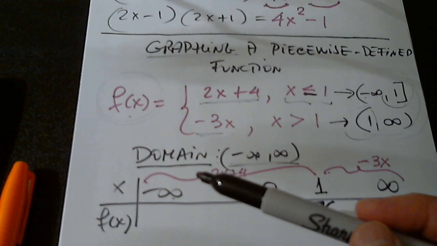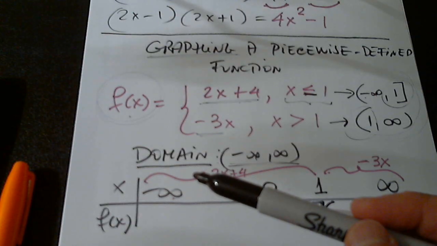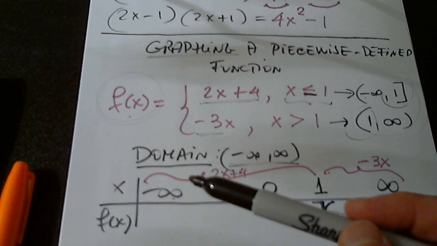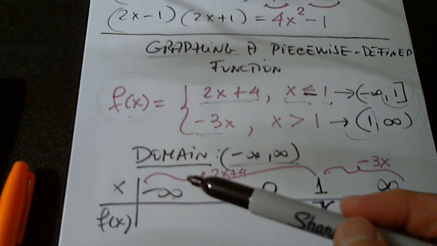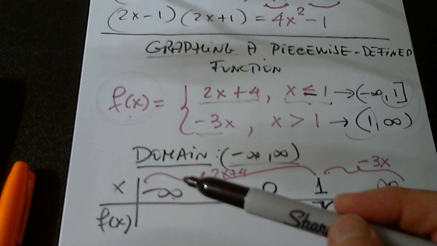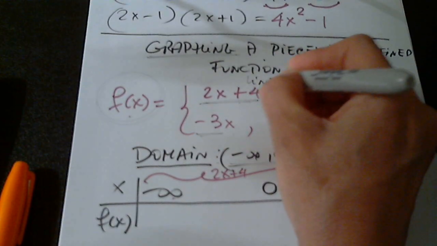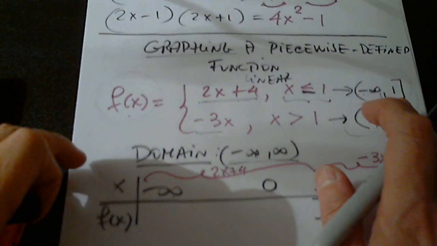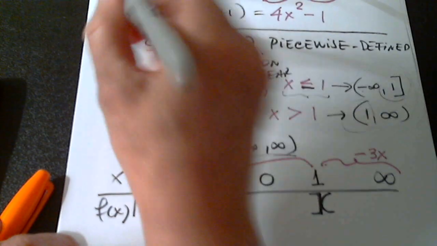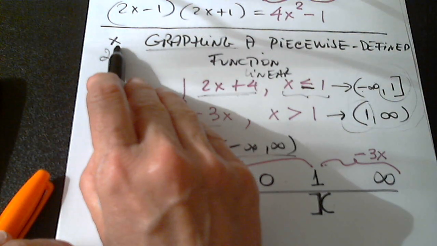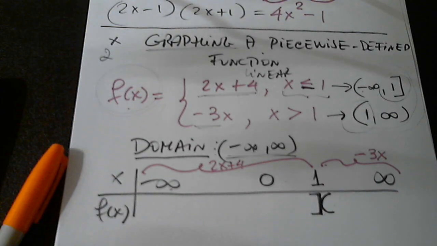Is it quadratic? Is it absolute value? Rational? Anyone? Exponential? They are linear functions. An exponential function looks like this. The variable is the exponent. So they are linear functions.